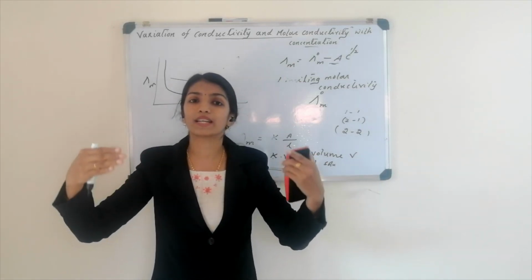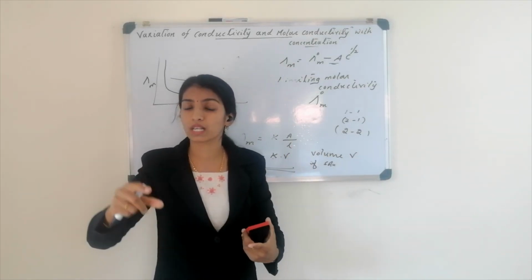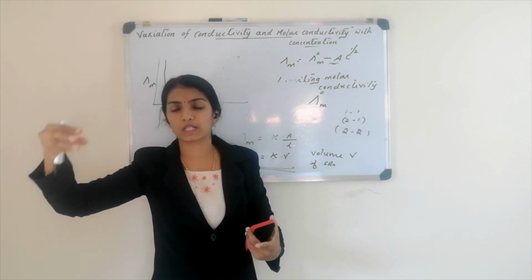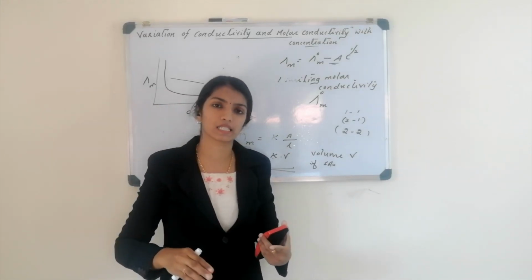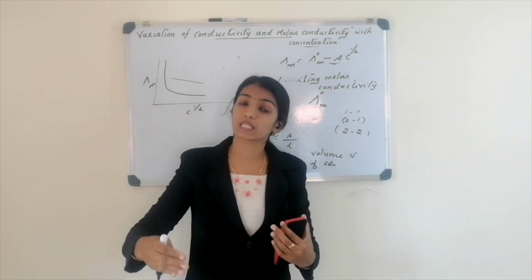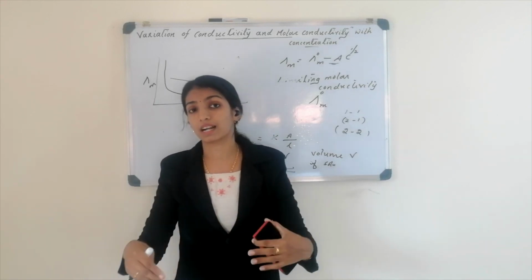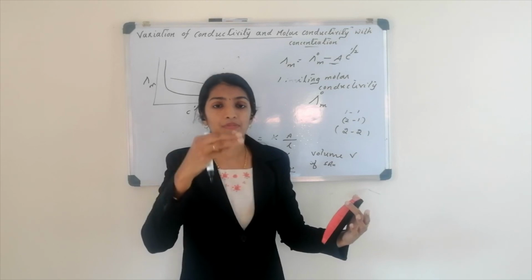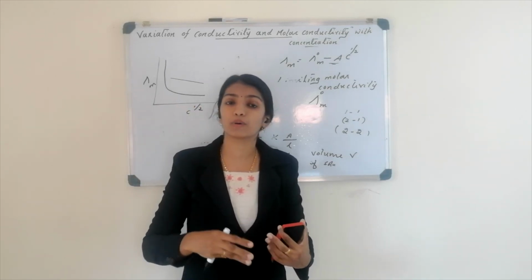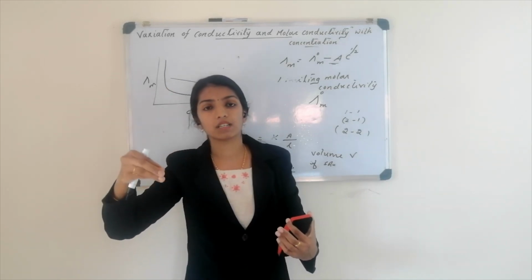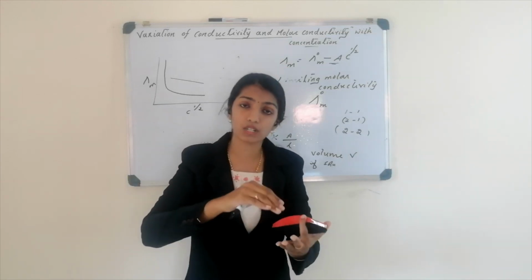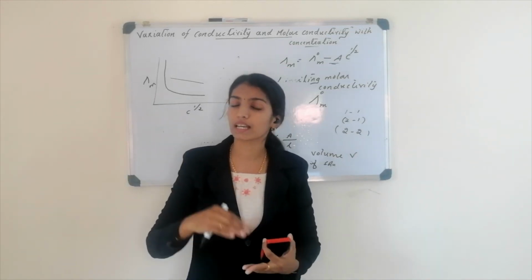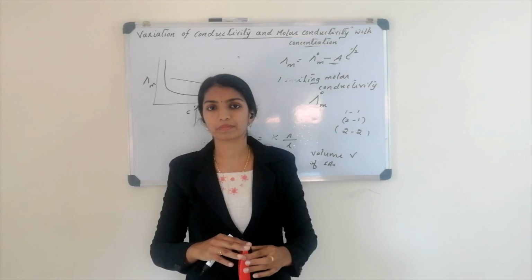The conductivity value increases with increasing concentration, because increasing concentration means the number of ions per unit volume increases. So the conductivity value increases with increasing concentration, whereas it decreases with decreasing concentration. In the case of molar conductivity, the value increases with decreasing concentration and decreases with increasing concentration.